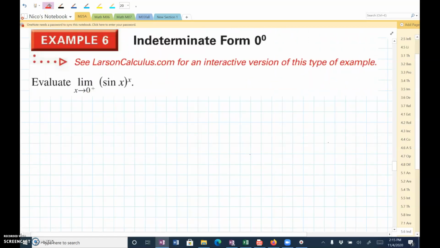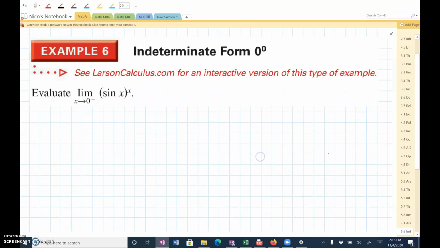Example 6, evaluate the limit of sine of x raised to the x power as x goes to 0 from the right. So if we try direct substitution, sine of 0 coming from the right would still be 0, and x, direct substitution, 0 coming from the right would be 0. This is indeterminate.